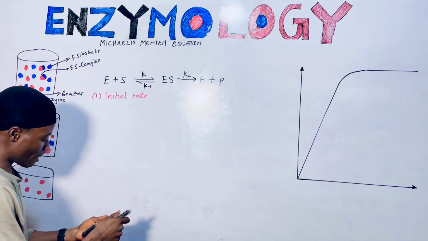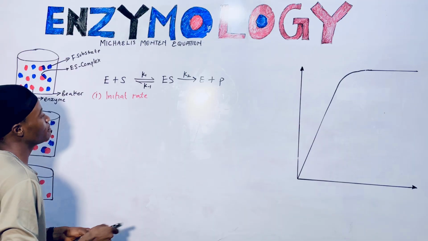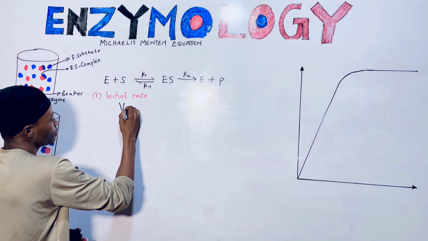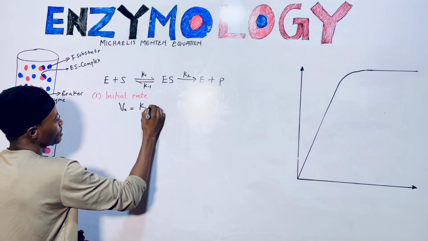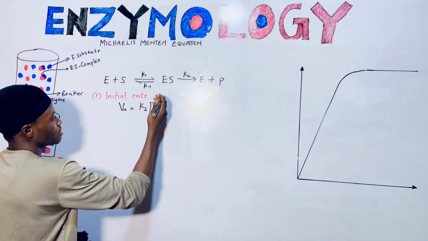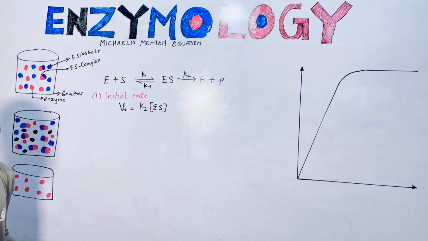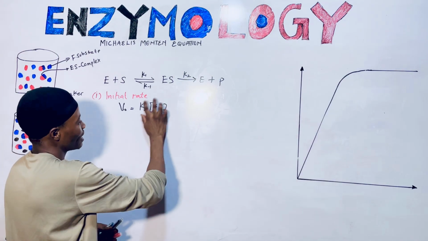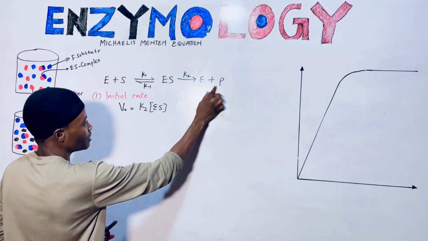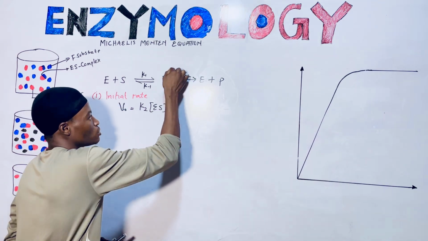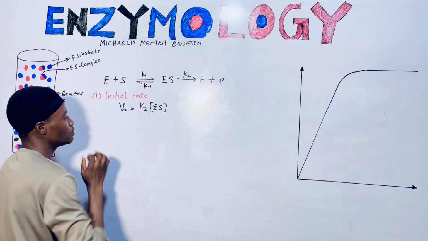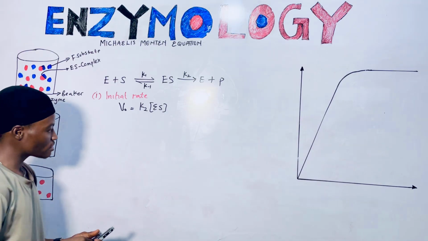So in that case, my initial velocity, according to Michaelis-Menten, is going to be V naught equals K2 times ES. Just like I'm trying to write out my rate equation, the rate equation for this particular reaction, only this step, is basically K2 times ES. And that's the initial velocity. So that's going to be the first assumption.